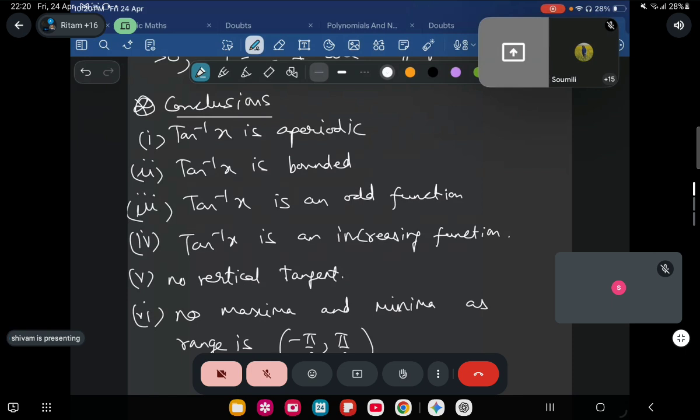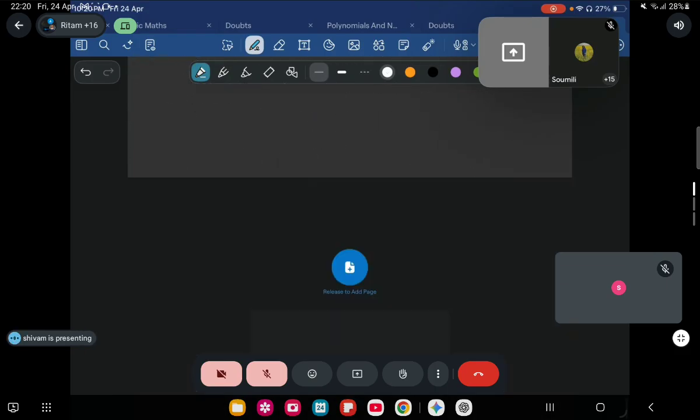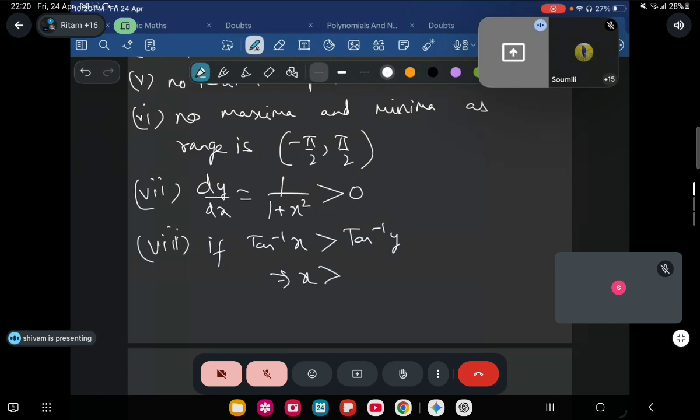Next, everyone see, number 7. What is dy by dx? dy by dx is equal to 1 by 1 plus x square, which is greater than 0. So see everyone, if tan inverse x is greater than tan inverse y, this implies x is greater than y, as it is an increasing function.